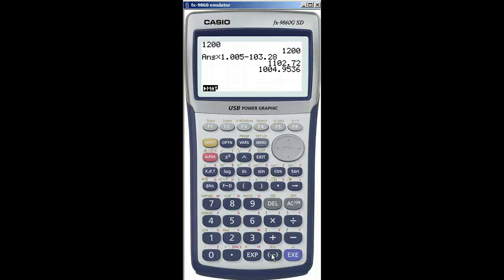After 2 months, it's $1,004. 3 months, 4 months, 5 months, 6 months, 7, 8, 9, 10, 11, 12 months. And this last answer is scientific notation for essentially 0. You've taken the balance all the way down to 0.